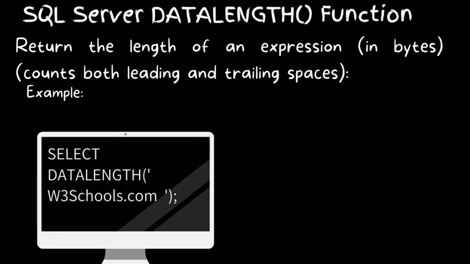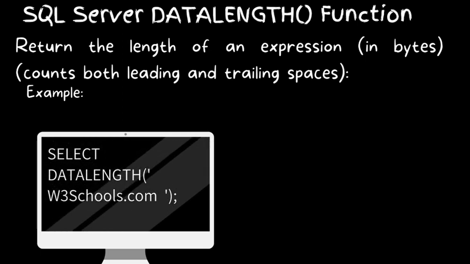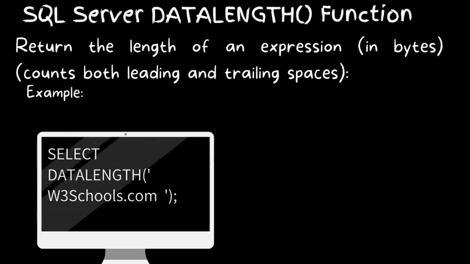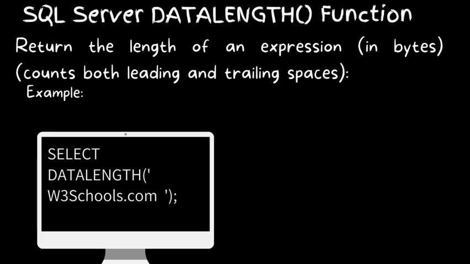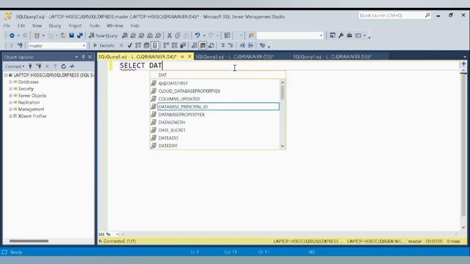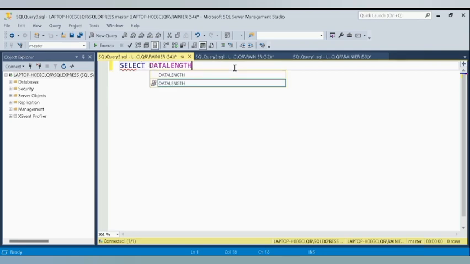But what if we added spaces? For an example, select DATALENGTH(' w3schools.com '), with a space before and after. Select DATALENGTH, open and close parenthesis, single quote, space, w3schools.com, space, then execute.